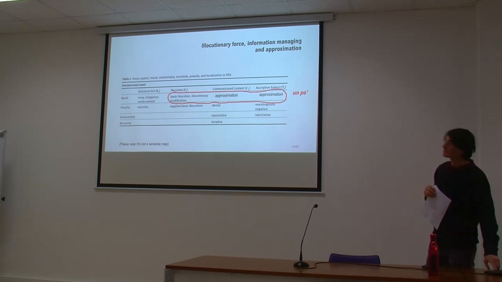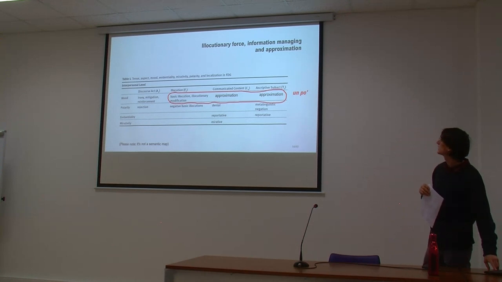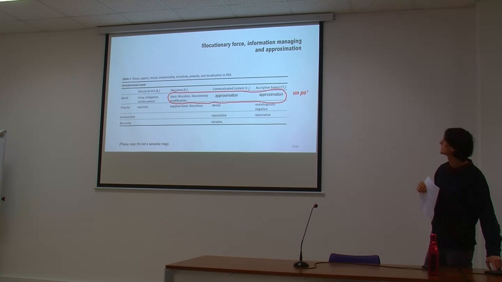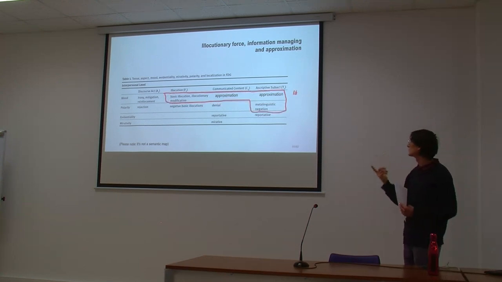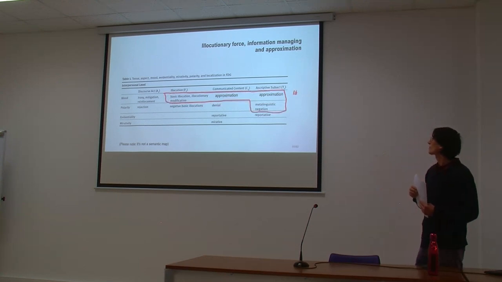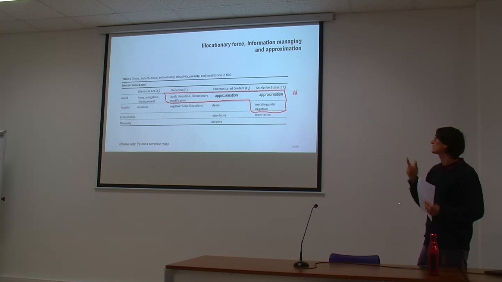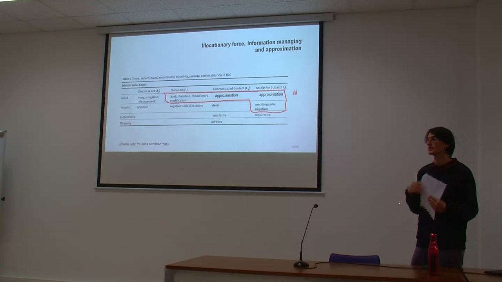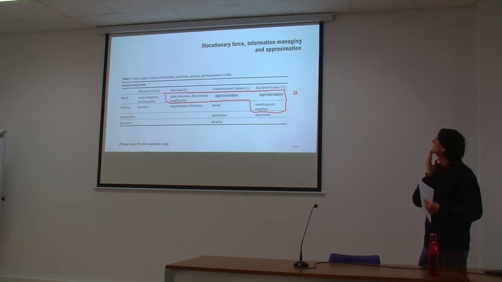And something similar can be done for Portuguese lá. The distribution is very similar. The only difference is the fact that for lá we should also include the metalinguistic negation, which corresponds to constructions like sei lá or quero lá saber.